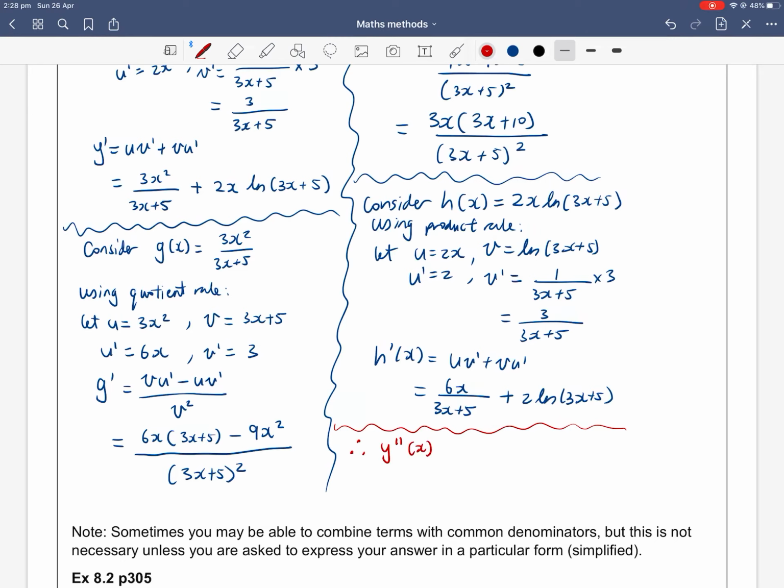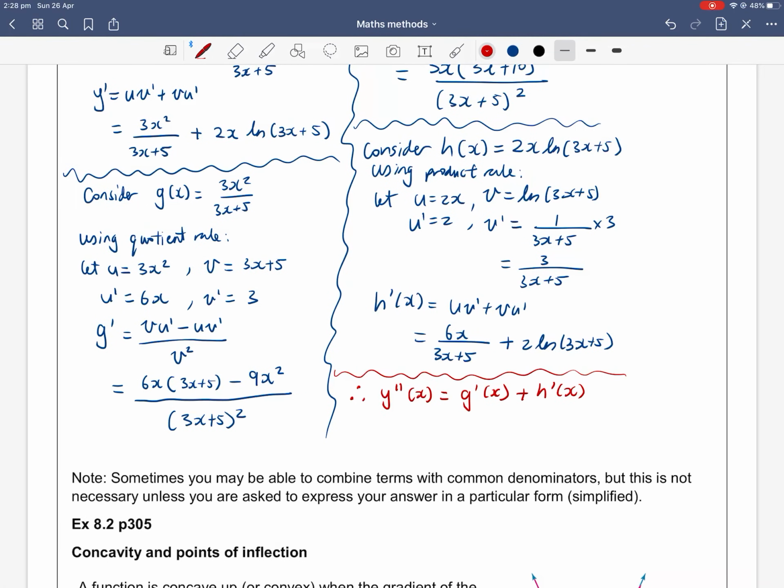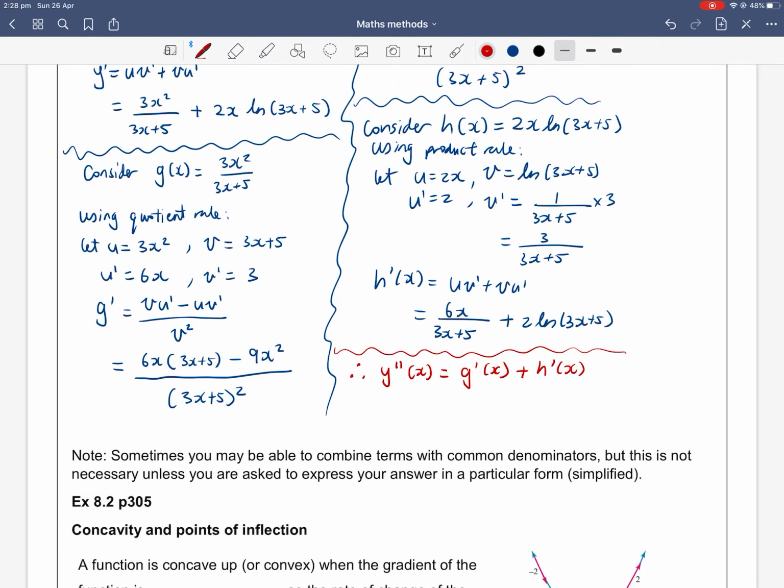So therefore, the second derivative, y dash dash, is the derivative of the g function, because we said that was the first term, plus the derivative of the second term. So combining that, y dash dash, the second derivative is 6.